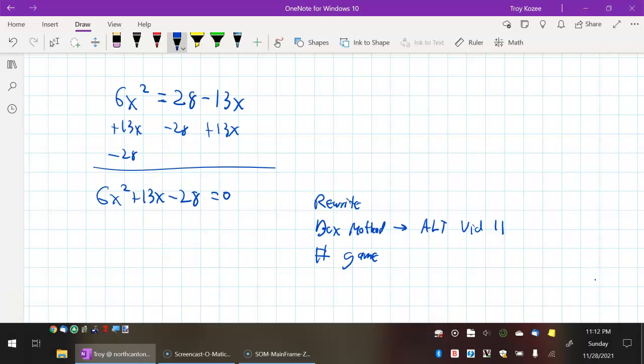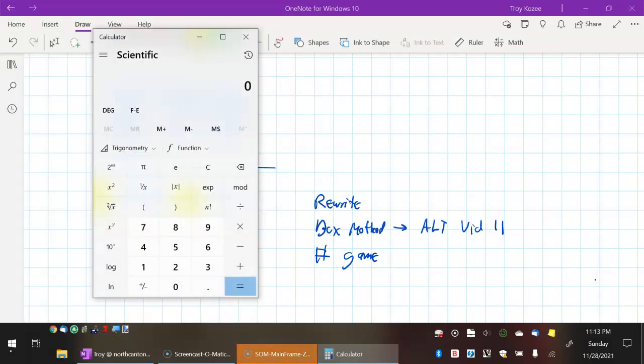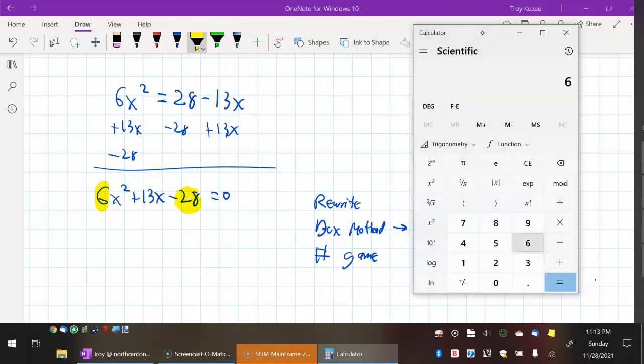Both rewrite and the number game, but especially rewrite, rely on you doing first times last. So 6 times negative 28, and I'm just going to get a calculator here. 6 times negative 28 is negative 168.